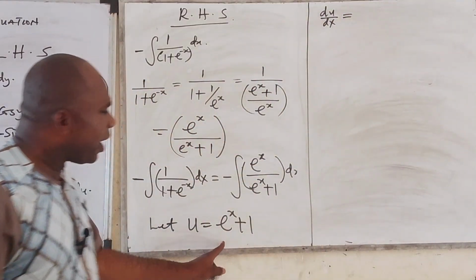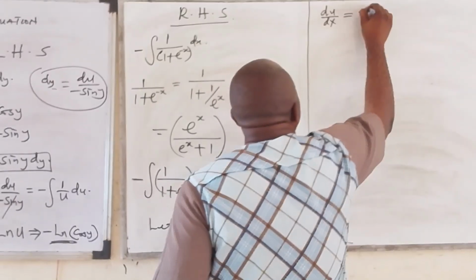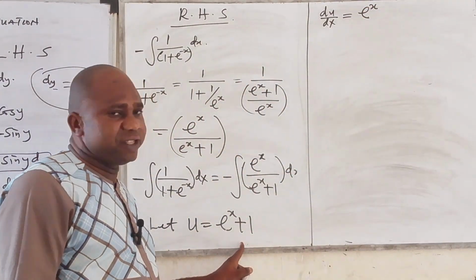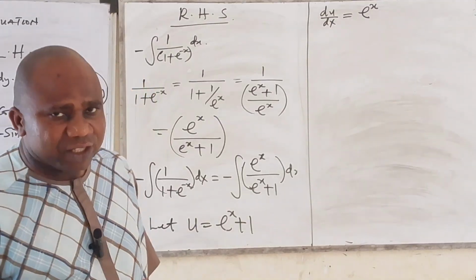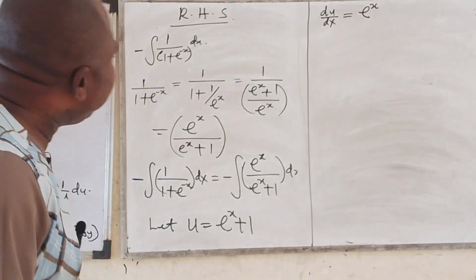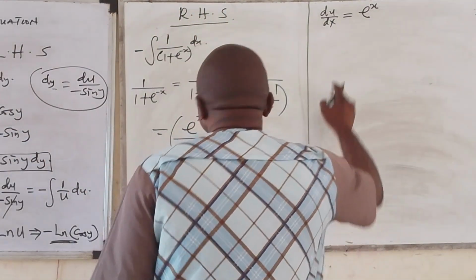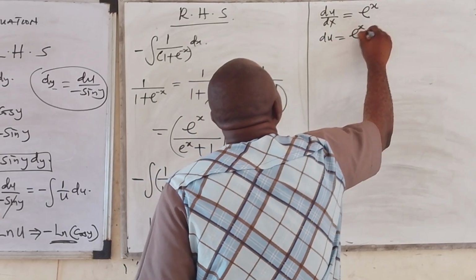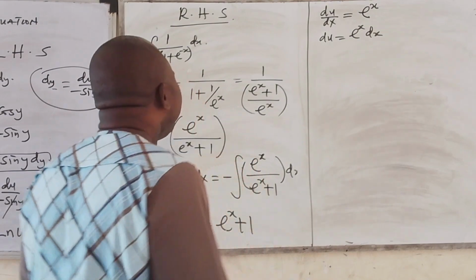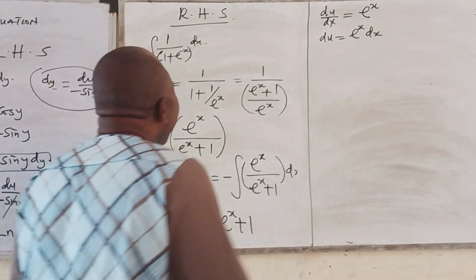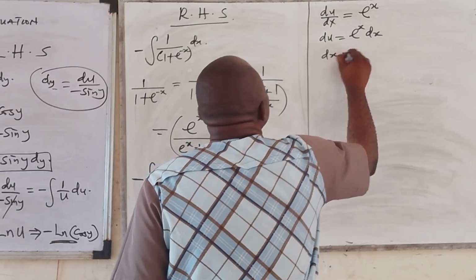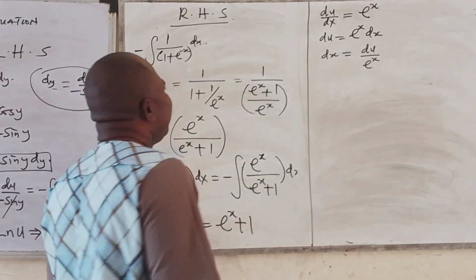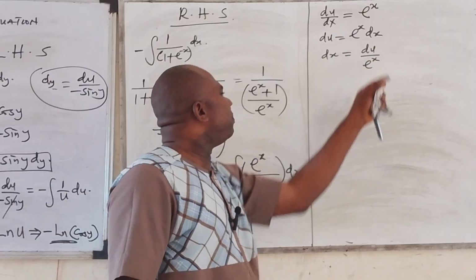When you differentiate e to the power x plus 1, it gives e to the power x, because the derivative of e^x is e^x, and the derivative of 1 is 0 because 1 is a constant. So du over dx is e^x. So our du will be equal to e^x dx. So our dx will be equal to du over e^x.